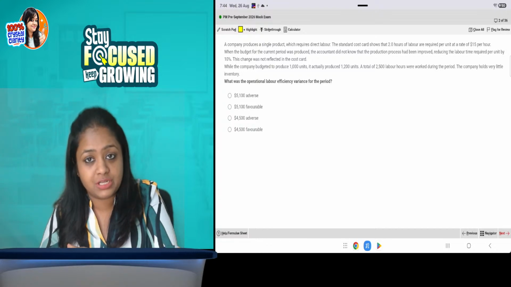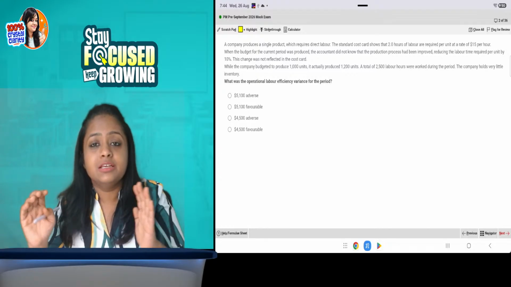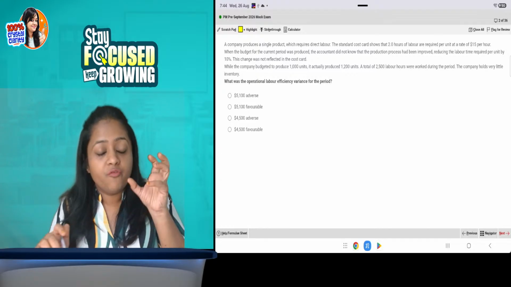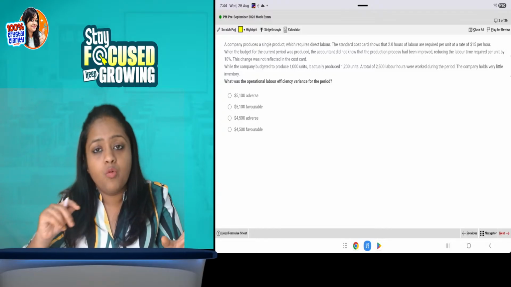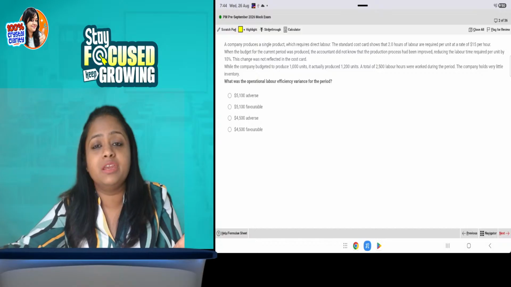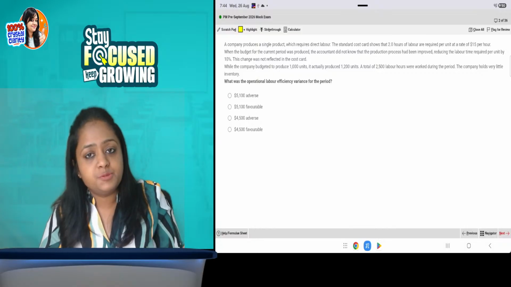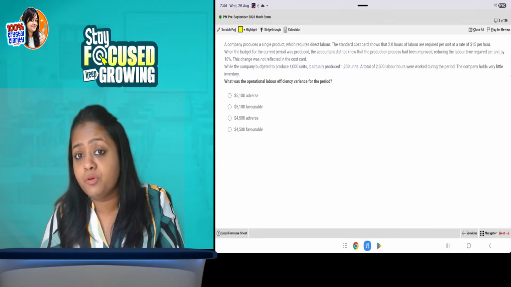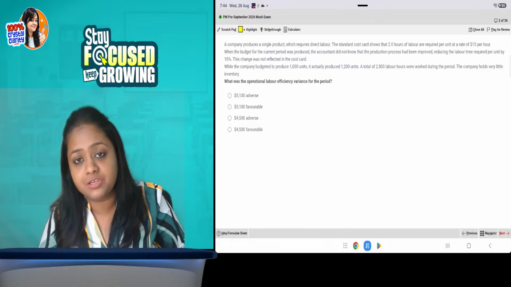Operational labor efficiency. So labor efficiency, first remember the basic variance. Labor efficiency measures for producing the actual units, what as per the standard we require the time to be put in. So as per the standard, how much hours should be put in by the labor to produce the actual units, not the budgeted units.